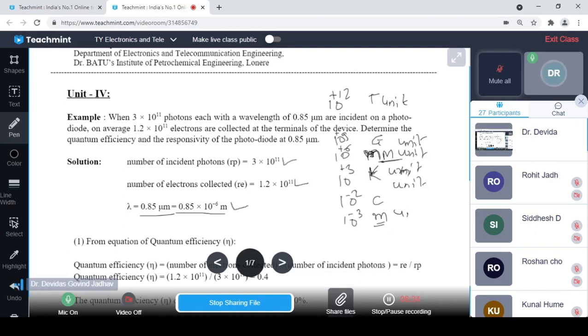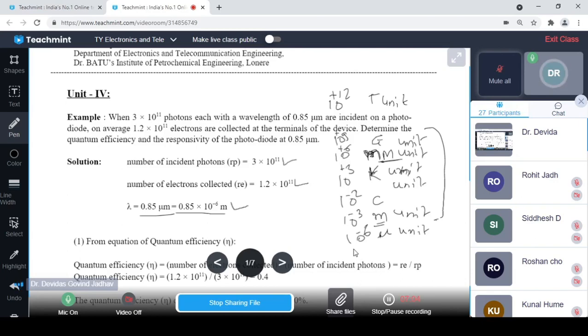This we have revised in the previous chapter's problem solving. Then 10 raised to minus 6 is micro: micrometer, microwatt, microvolt, microampere.